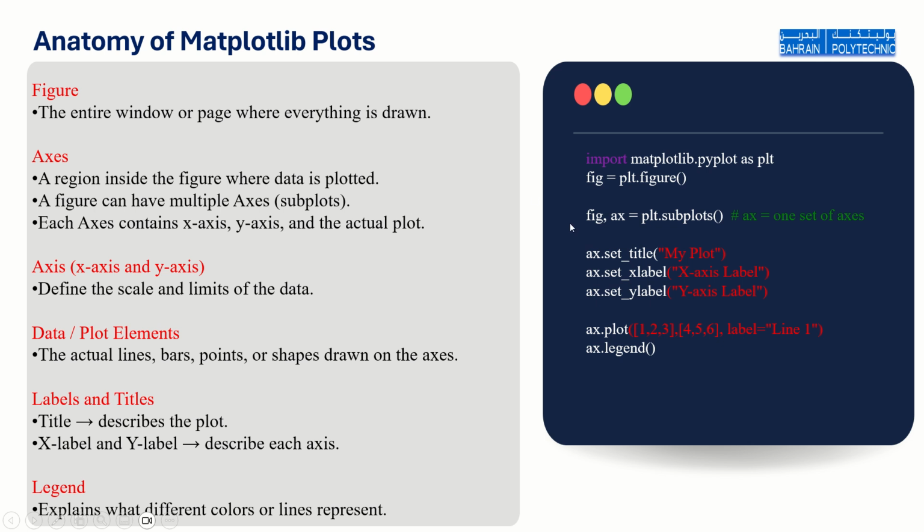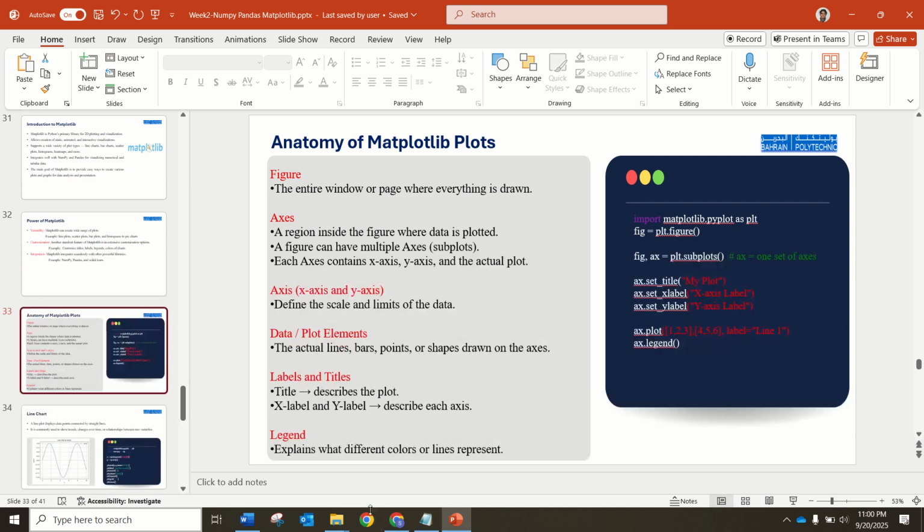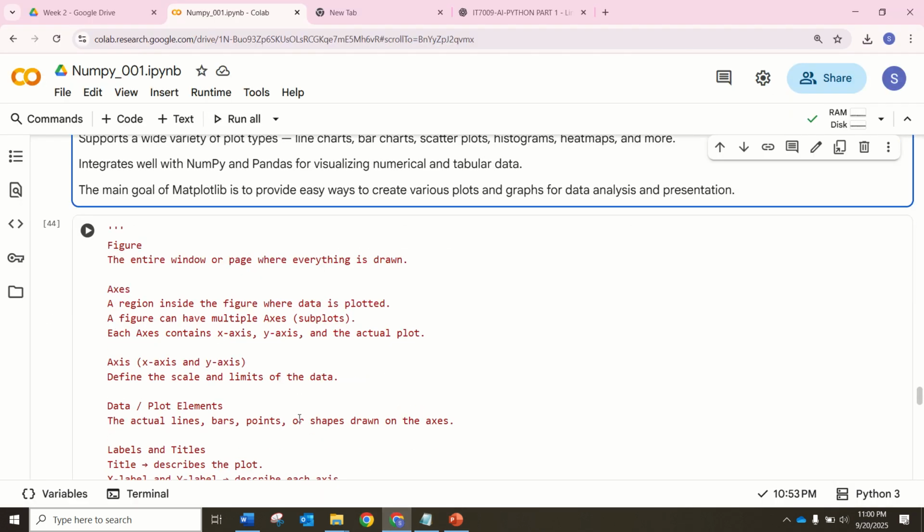We are using it as ax. So ax.set_title sets a title, and you can set the x label and y label. Then you can plot it as a line, giving the label as line 1, and you give a legend also. So let's try this right away and see how it works.